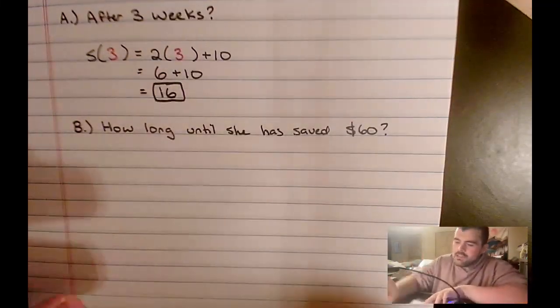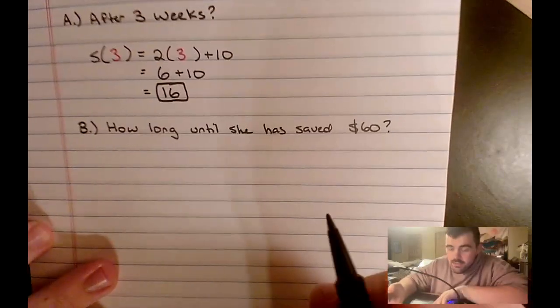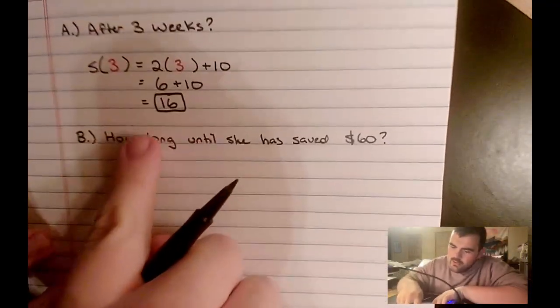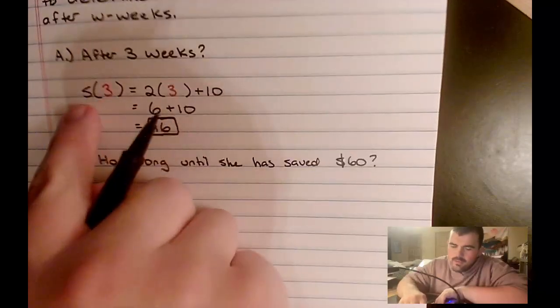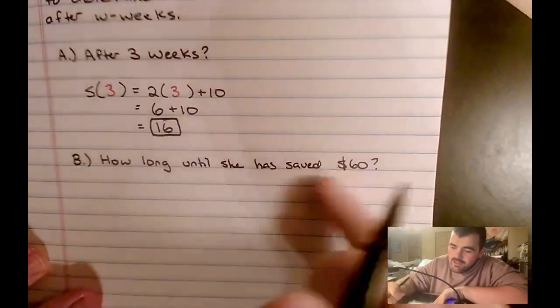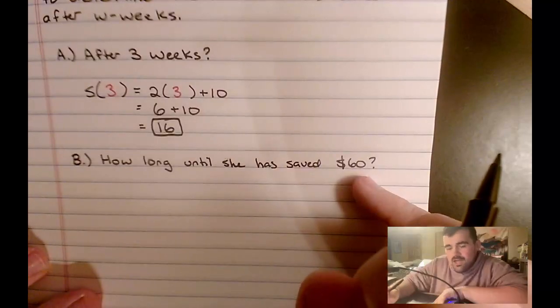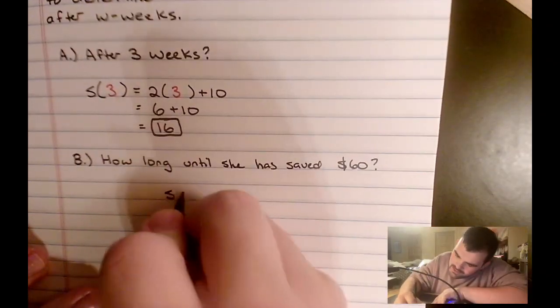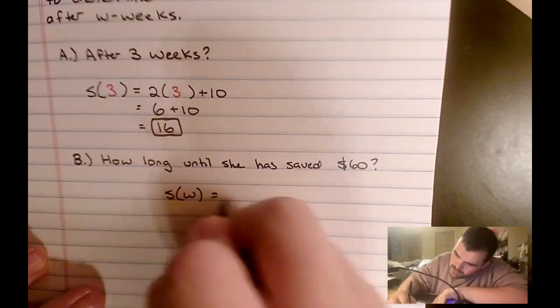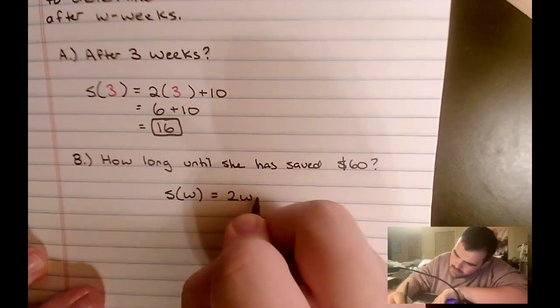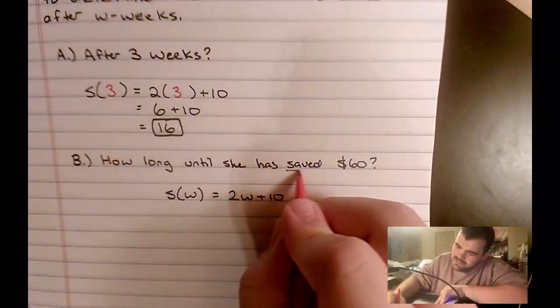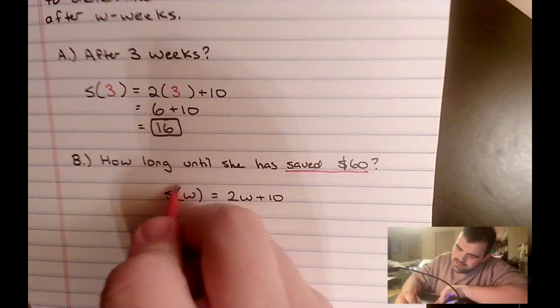Okay, so what we would end up really doing here is we say, hey, we're not looking for the savings total. We've already got that. We have a value for S, or S of W, okay? So if S of W equals 2W plus 10, the saved $60 is this.